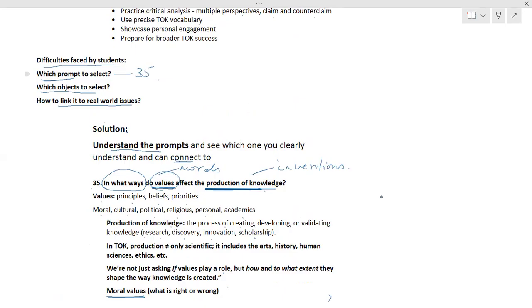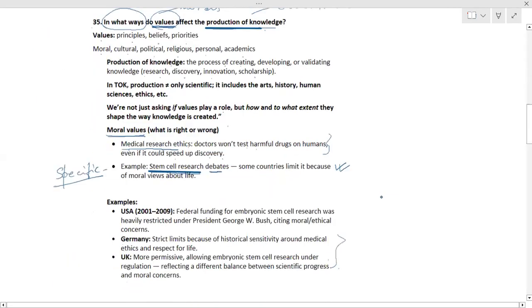After the prompt is selected, we understand how to find examples related to it. Now comes the second difficulty: which objects to select? How do we select objects? Moving on.